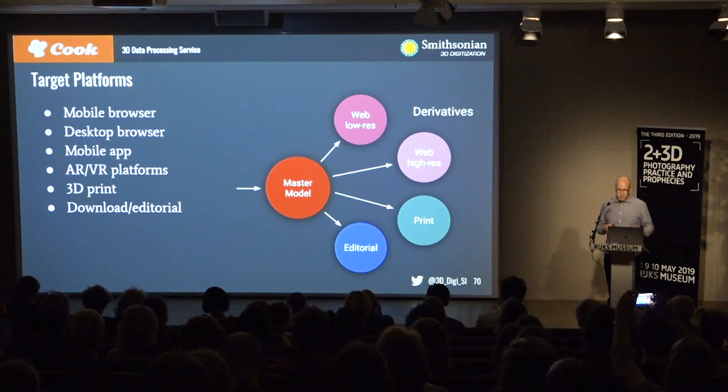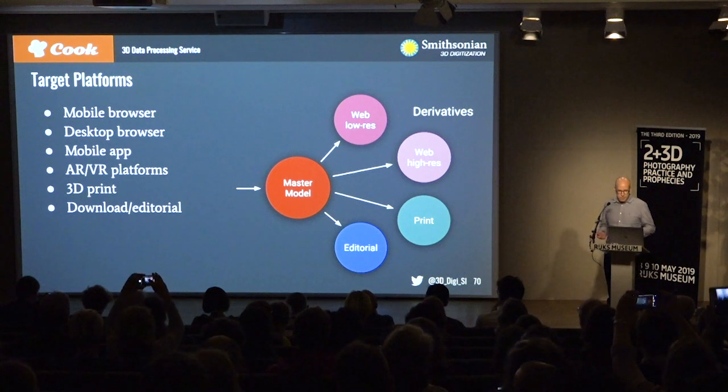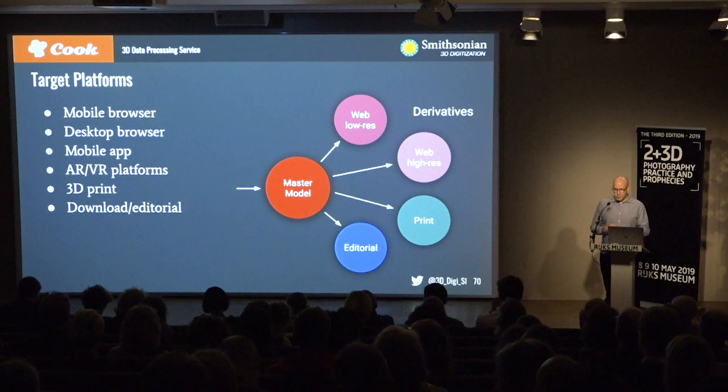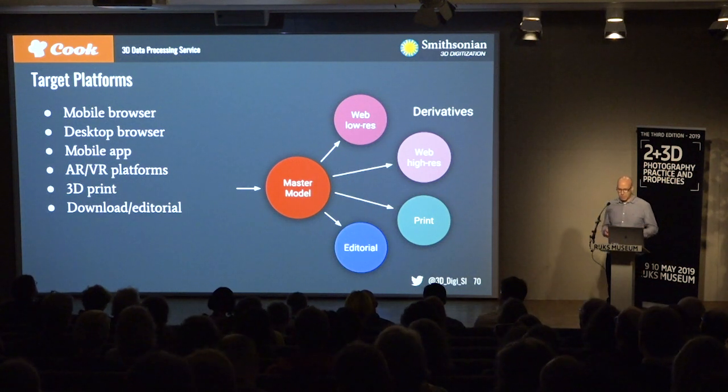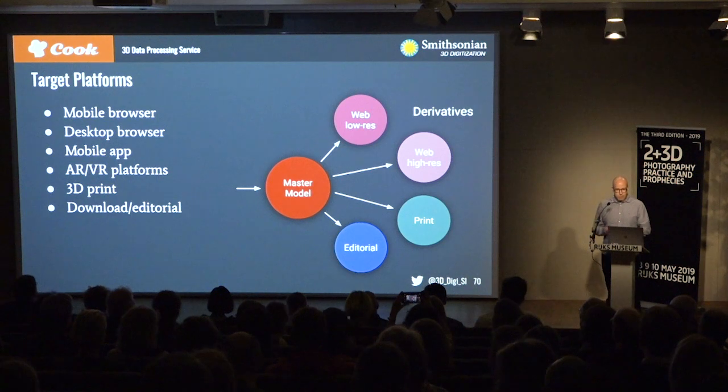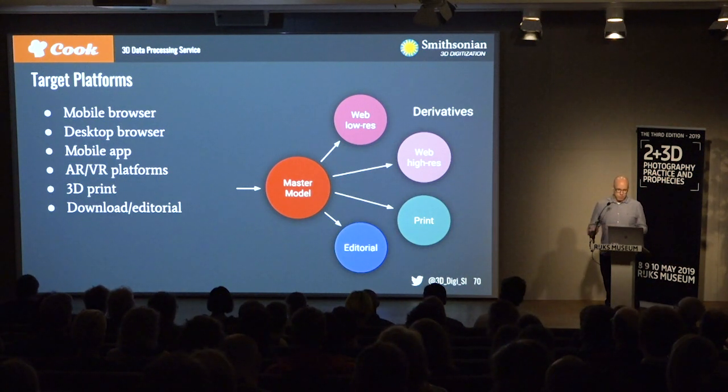If we do photogrammetry, after the photogrammetry process completes, what we end up with is what we call a master model. The master model is basically the ground truth in the 3D realm. But the master model, unfortunately, is usually very large, so it can be several gigabytes in size. So it's very difficult to distribute that to channels with narrow bandwidth or with just not enough processing power, like the web, for example.